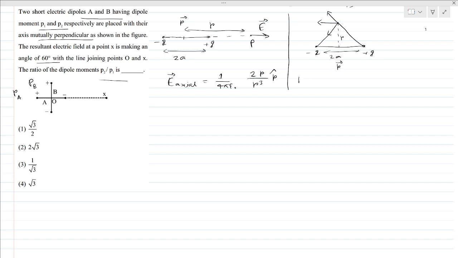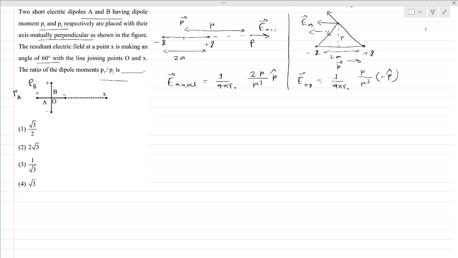So we can write the expression for the equatorial point: 1 by 4 pi epsilon naught into p by r cube into minus p cap. The minus sign defines that the direction of the electric field at the equatorial point will be opposite to the direction of the dipole, which is from minus q charge to plus q charge.